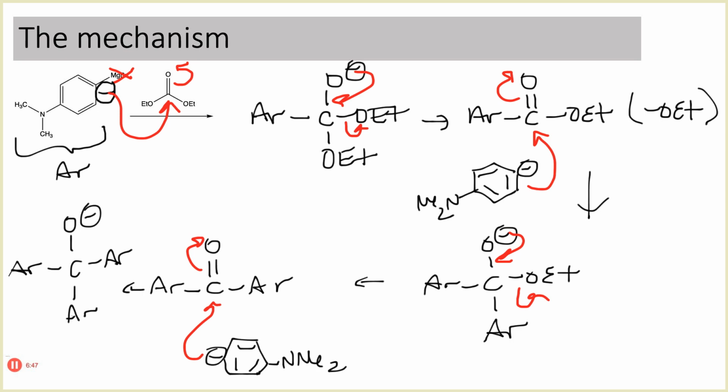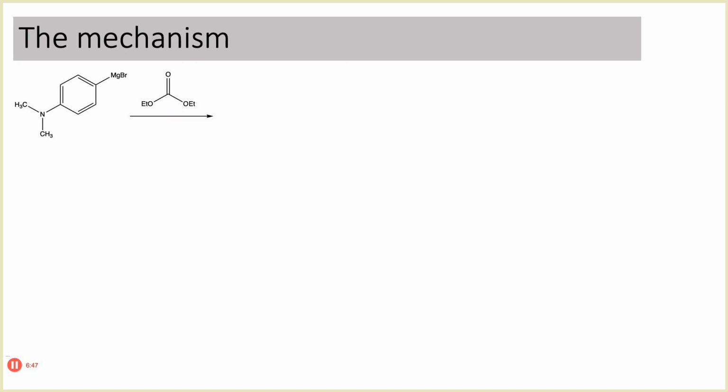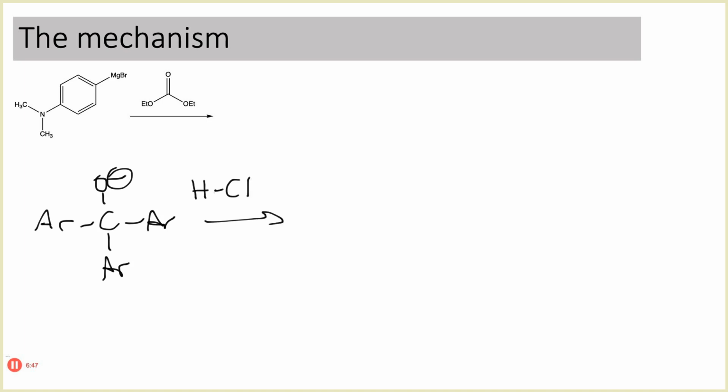So the only thing that can happen next is for that, let's clear the screen here, to be protonated by our HCl upon workup. So we protonate. That's where we get our proton transfer. Our alcohol is formed.